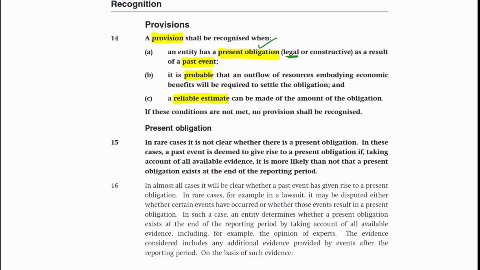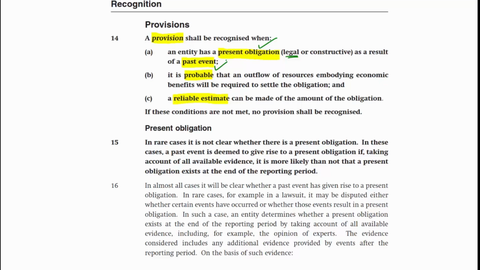But in this case, the employee is suing us, so there is a legal present obligation. And is there a past event? Well, yes, there is. It gave us the date in the question, didn't it? They were suing us before the year end, and also the employee worked for us in the past, so there is also a past event.